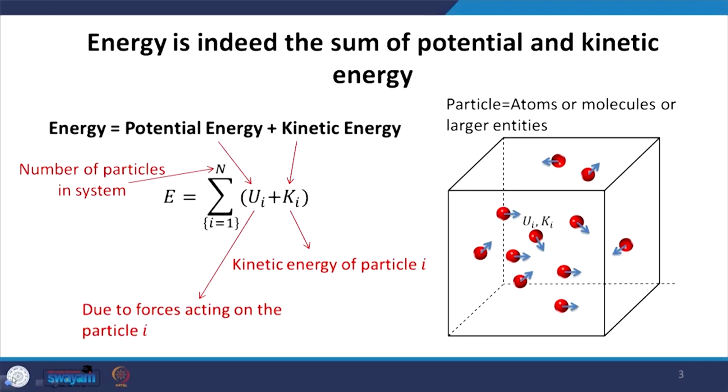So, energy is the sum of potential and kinetic energy if we indeed look at the system at the molecular level. If I look at any particular molecule in the system, the molecule is under the influence of forces that can be external to the system or that can be coming from other molecules in the system, that give rise to what we know as potential energy, just the same way as we had for a ball sitting at a height.